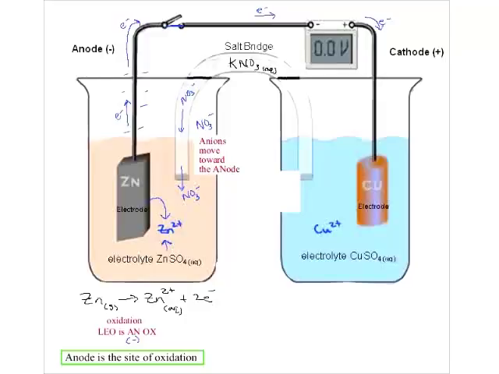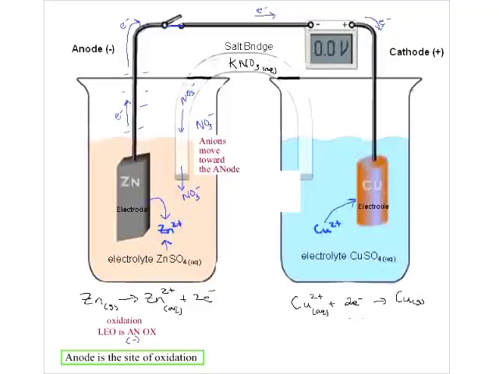As these electrons come down through here, as soon as they hit the copper electrode, the copper ions are going to start picking them up. So what we see happening on the surface of the copper is reduction. As those electrons are being used up, they're coming out in low energy, they're being picked up by the copper, and we're getting the production of copper solid.